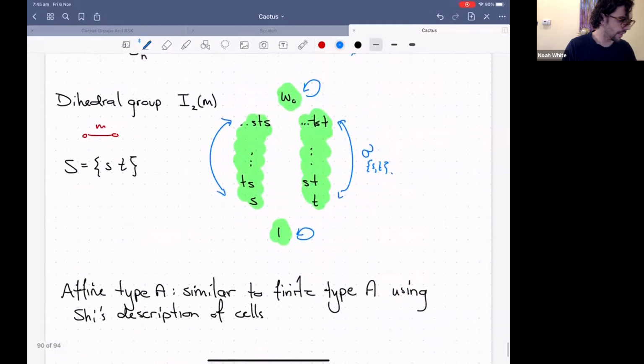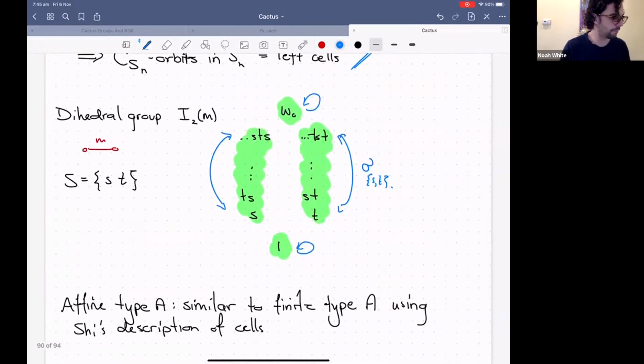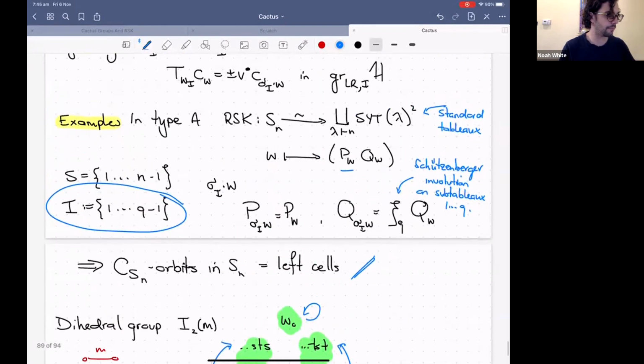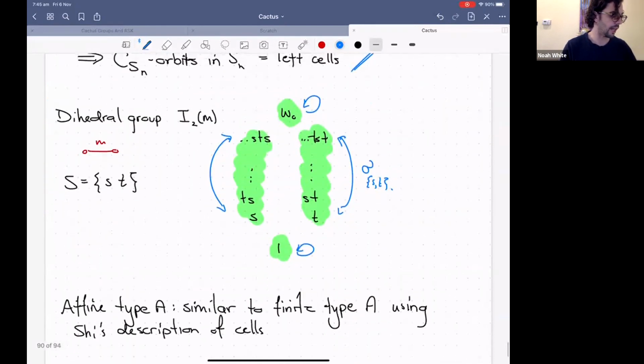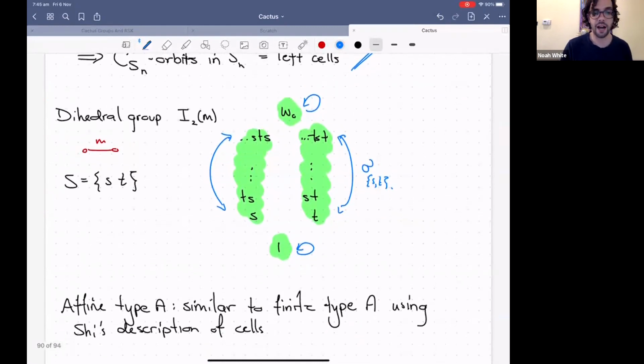Okay, and so the other place where this has been worked out is in affine type A. There's a similar description of the affine type A group to finite type A, where we have an RSK type correspondence, and so she described the cells using a version of this correspondence.